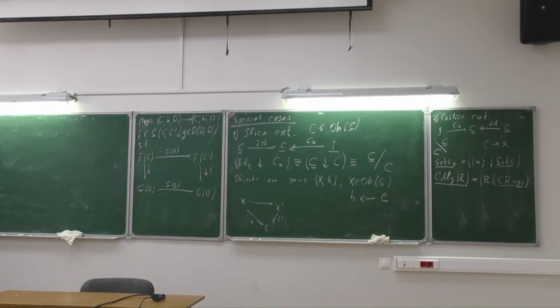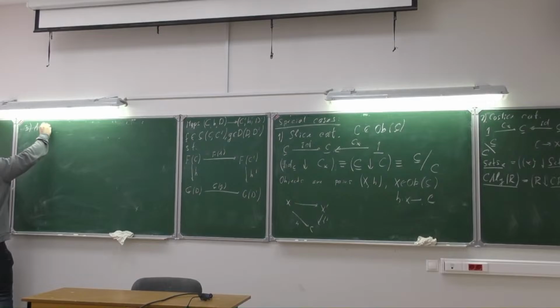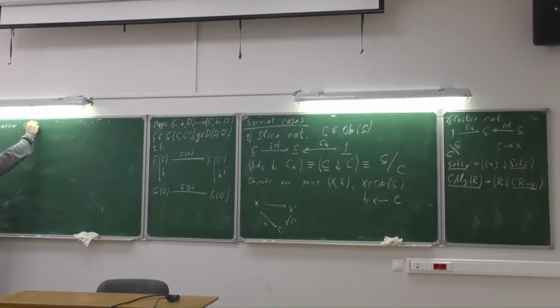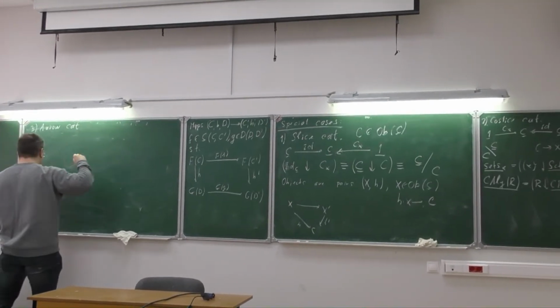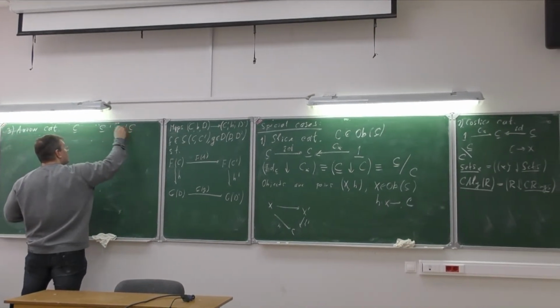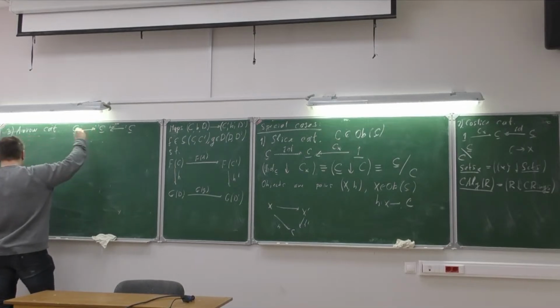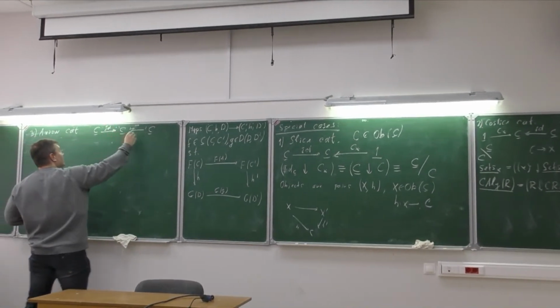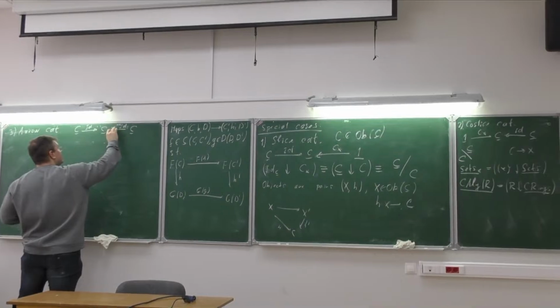So for example, sometimes it is useful to take the arrow category. In this case, the diagram is just 3 copies of the same category and 2 identity functors.